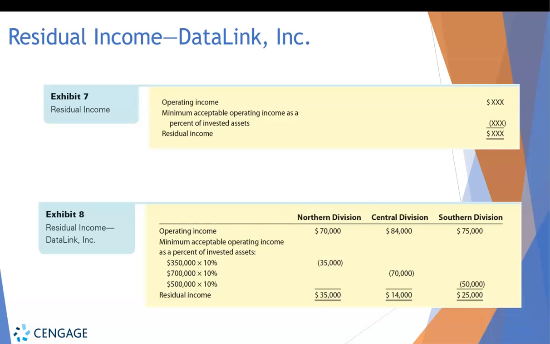This is because the invested assets are a lot less for the Northern Division than they are for the other divisions.